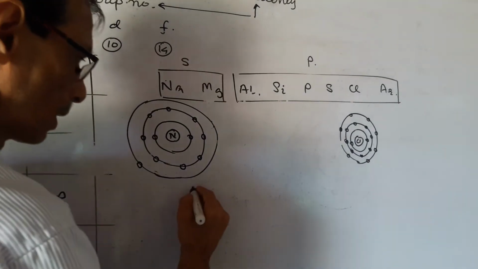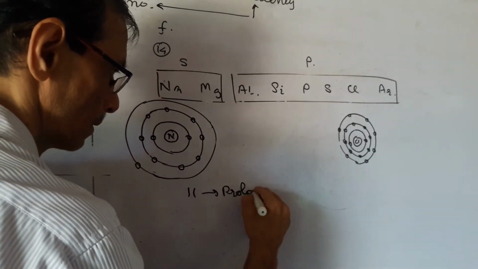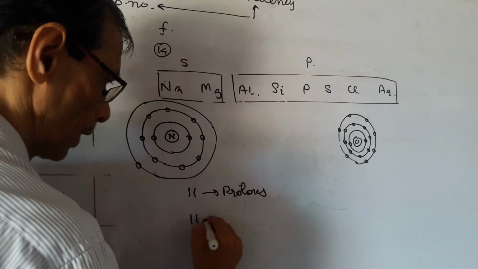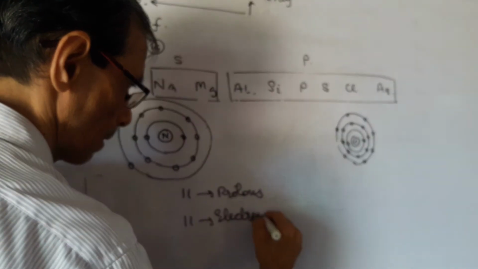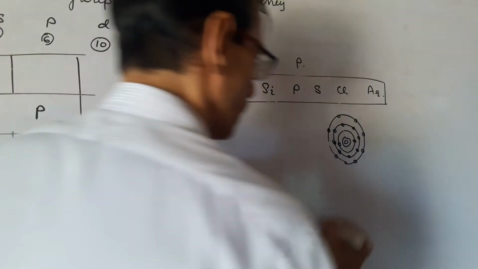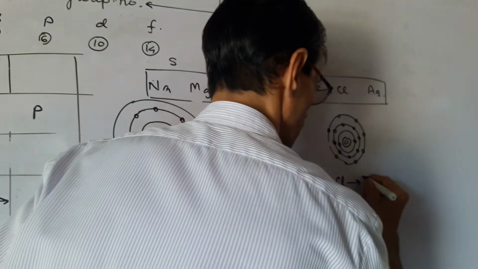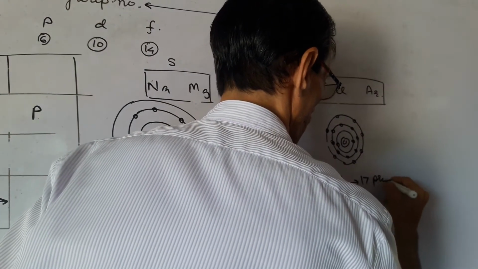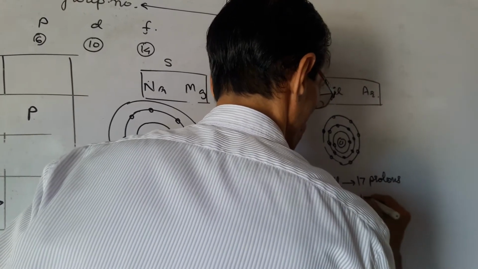Sodium has 11 protons and therefore 11 electrons. Sodium lies on the extreme left, whereas chlorine has 17 protons and 17 electrons.